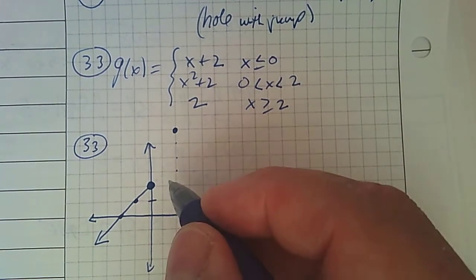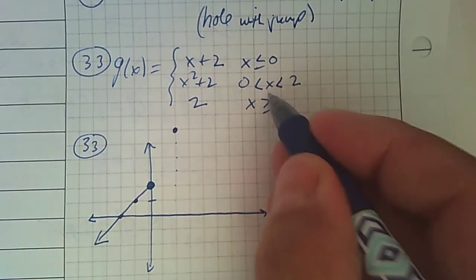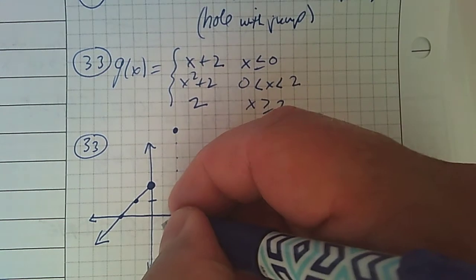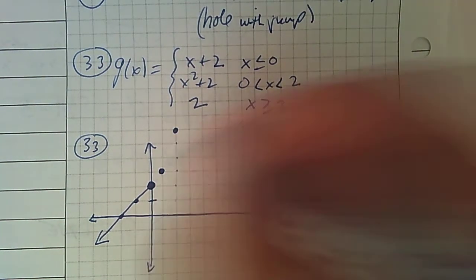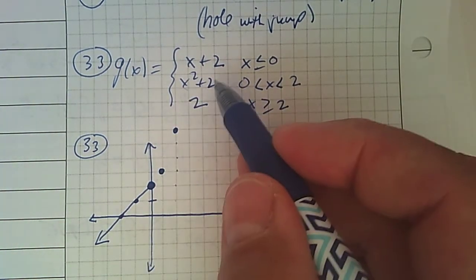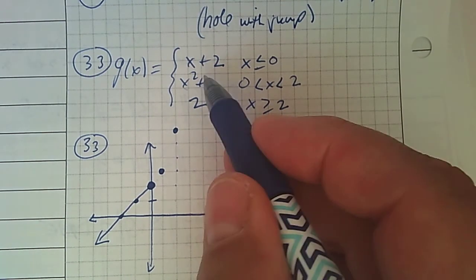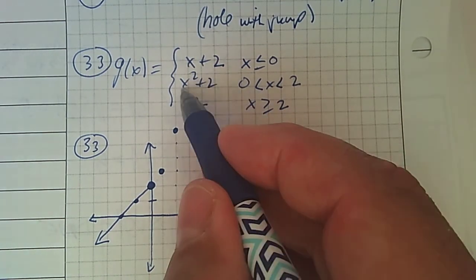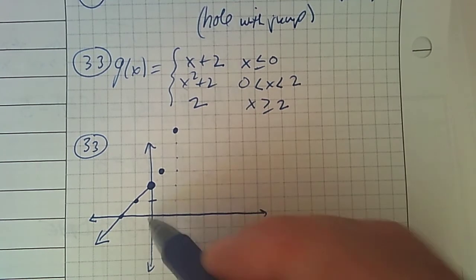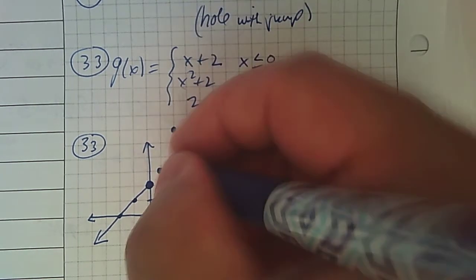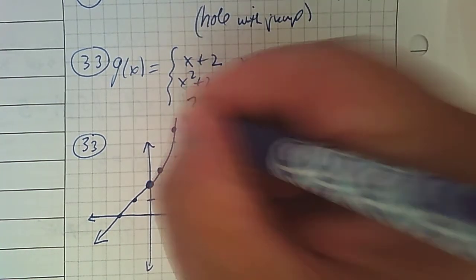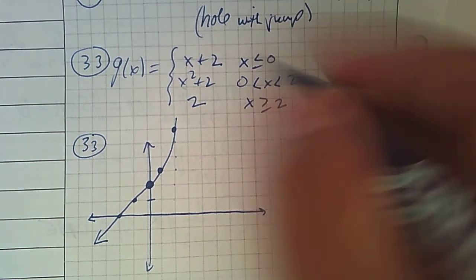So I could also plug in 1 to give me another point. So 1 is between 0 and 2. 1 gives me the answer 3. X squared plus 2 is a parabola. This is actually an HK form where the H is 0 and the K is 2, meaning that 0, 2 is the vertex. So it's just half the parabola going up here. Oops. And at 2, there's a hole.